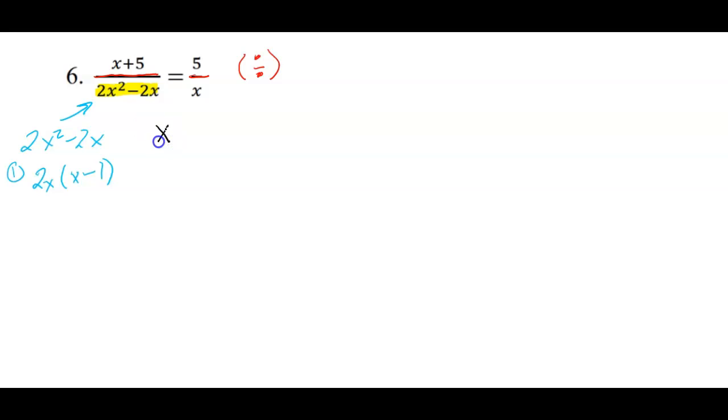So I have x plus 5 over 2x times x minus 1 equal to 5 over x. Now what I'm going to do is multiply both sides by this denominator.